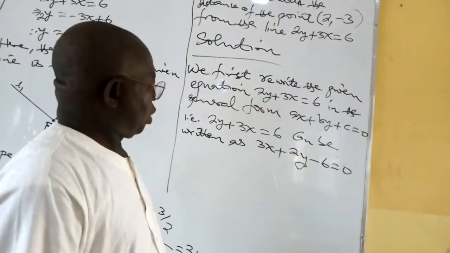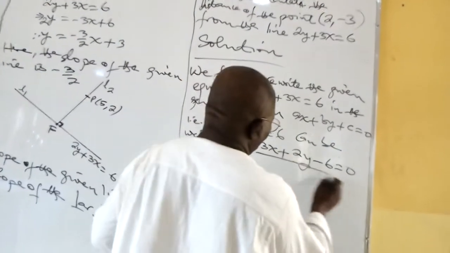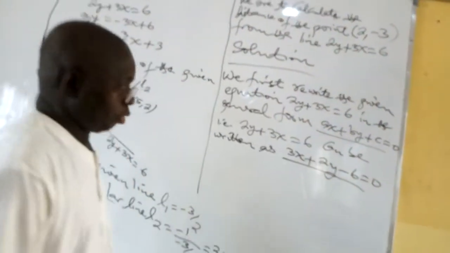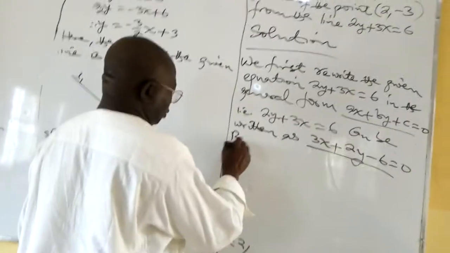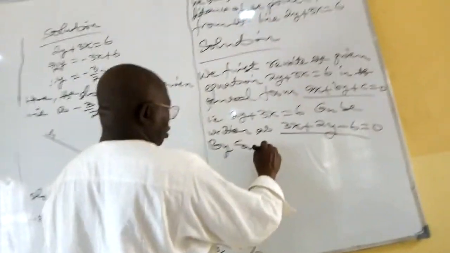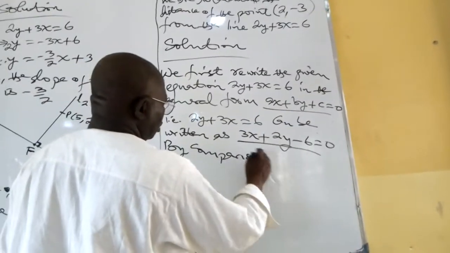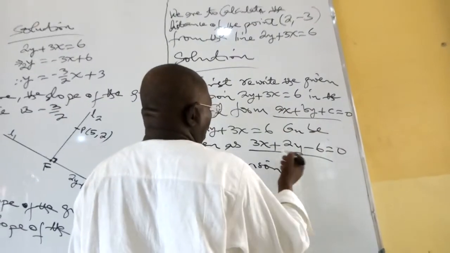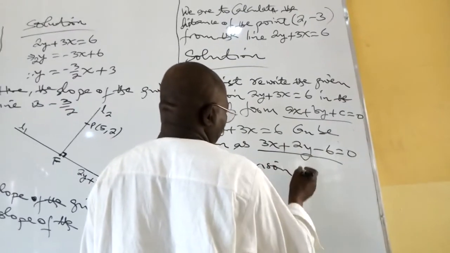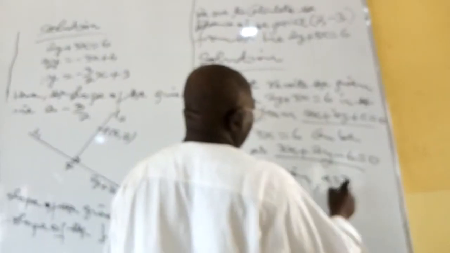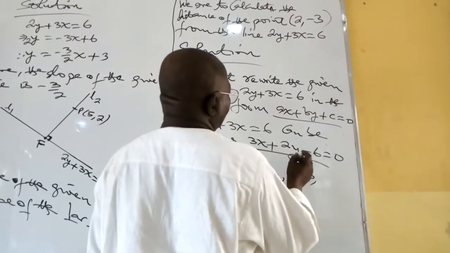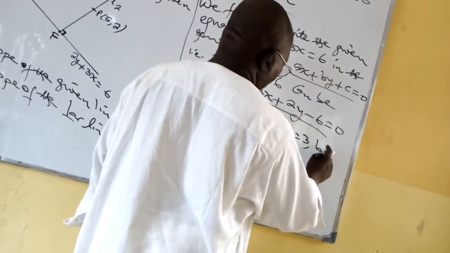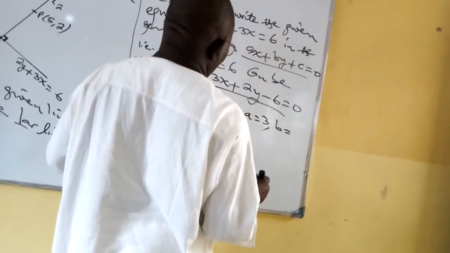Now, if you compare this equation with the general form, they look alike. So by comparison, the coefficient of x in the general form is a, and in the given equation the coefficient of x is 3, so a is 3. The coefficient of y is 2, so b is equal to 2.